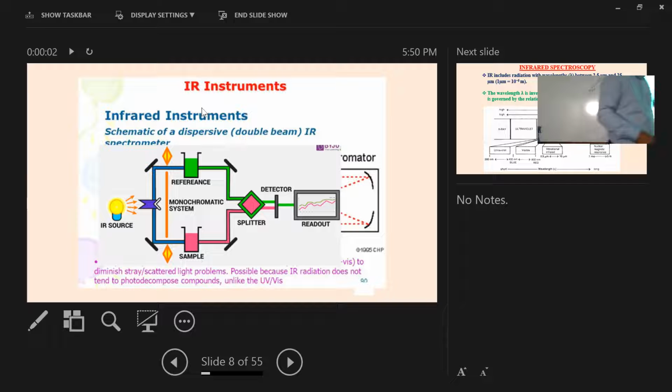But if the sample absorbs some light, that means where the absorption matches the frequency, in that region the molecule inside the sample chamber or the cuvette will absorb some light. Therefore, on this side we are getting no change of the intensity because this is the reference, it will not absorb the light.